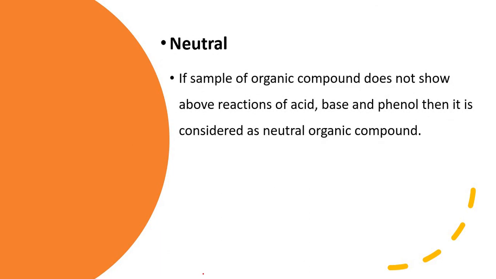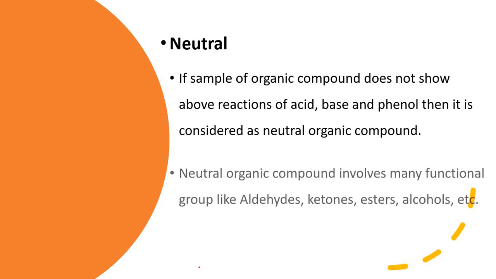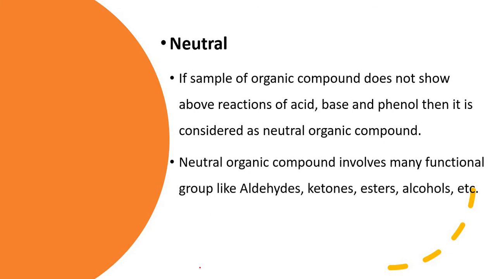And for neutral compounds, if the sample of organic compound does not show any of the above reactions that we have seen for acid, base and phenol, then it is considered a neutral organic compound. The neutral organic compound involves many functional groups.